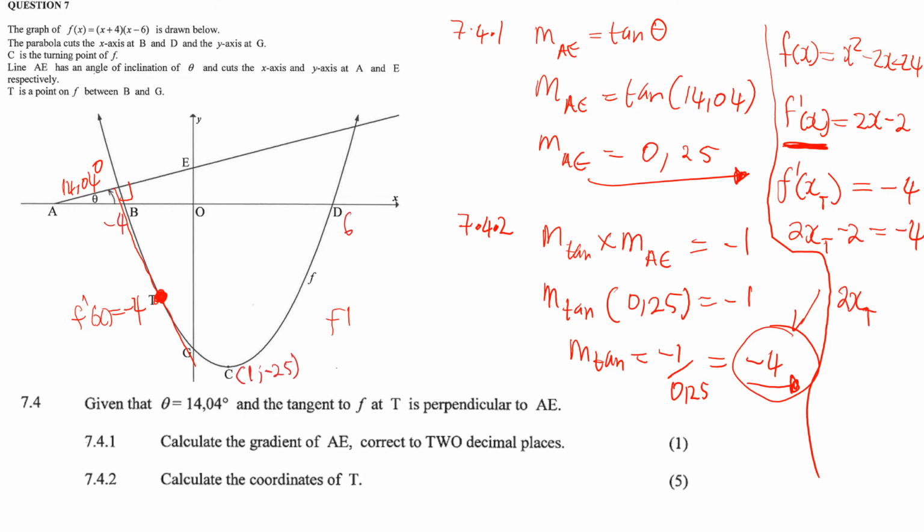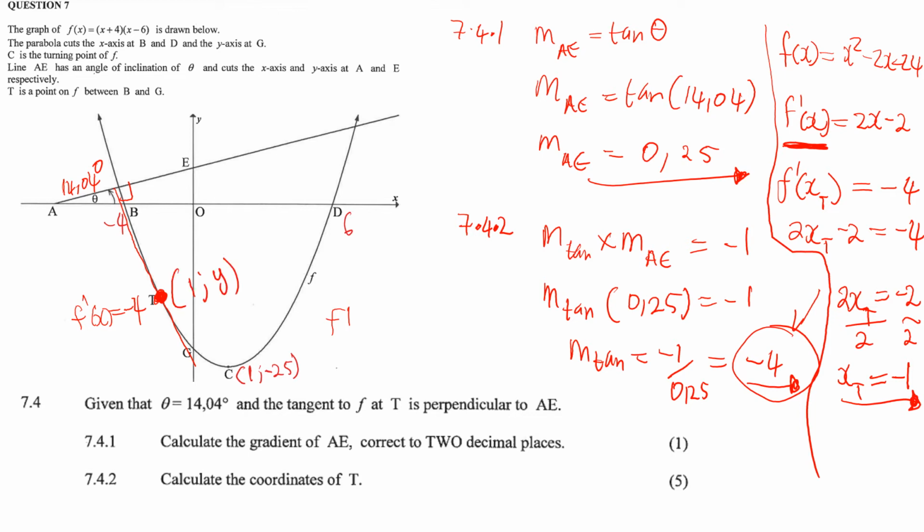We can now solve for x at t by saying -4 plus 2, which gives us -2. When we divide by 2 on both sides, x at t is equal to -1.